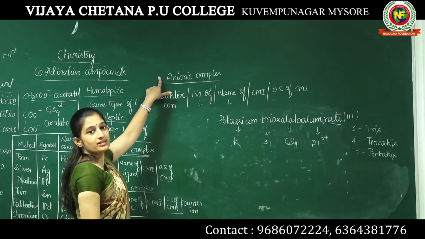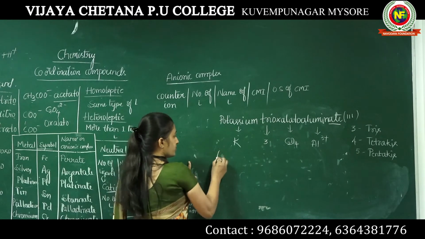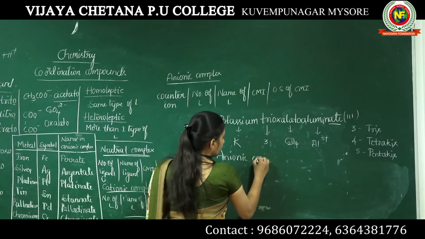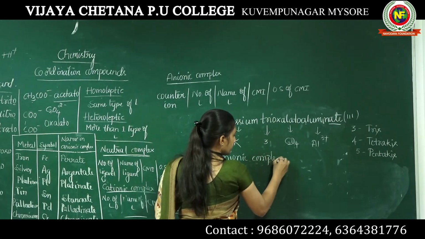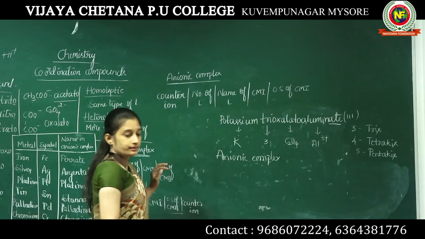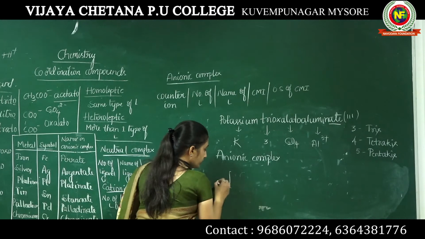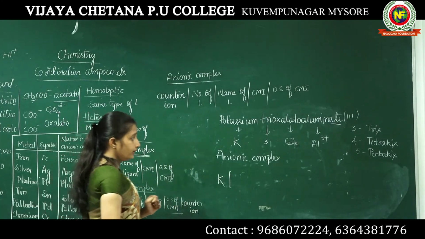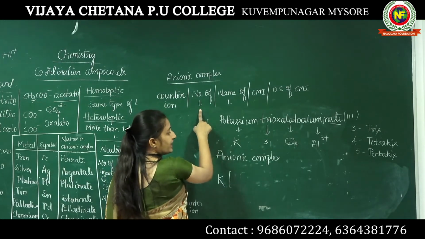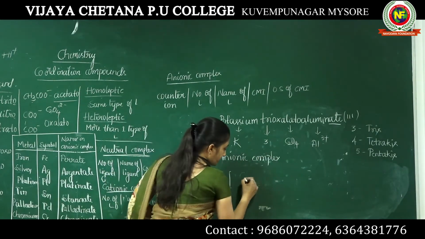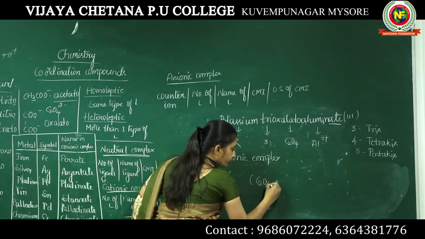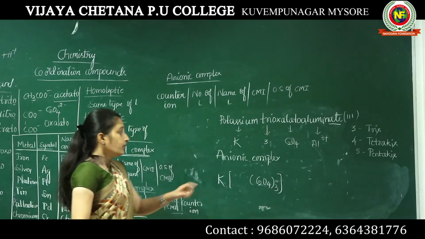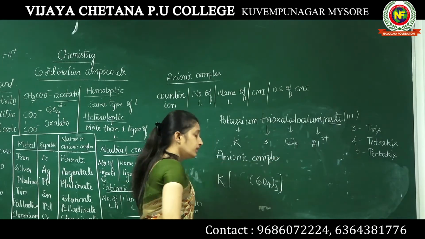What type of complex is this? This is an anionic complex. First write the counter ion: K, potassium. Then the number of ligands is 3, so C2O4 how many times? 3 times. Which metal? Al.